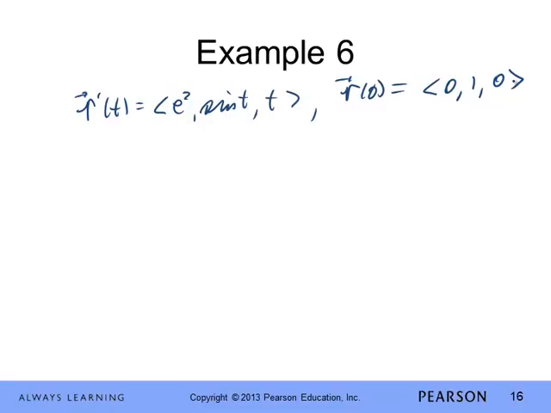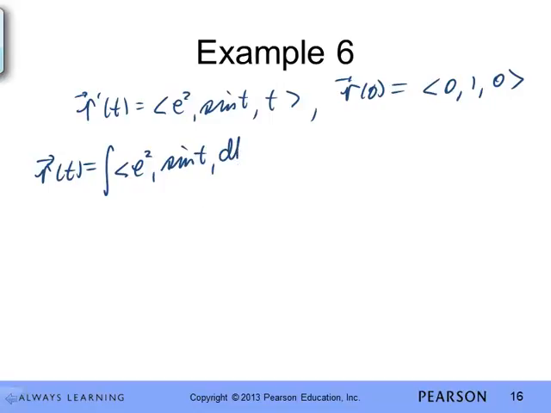So let's go ahead and compute the antiderivative. So r of t is going to be the integral of e squared, sine of t, t. Oh, t.